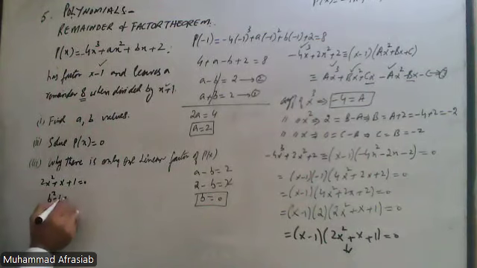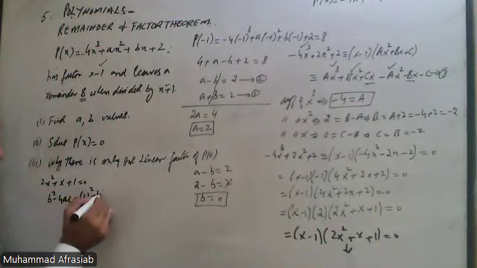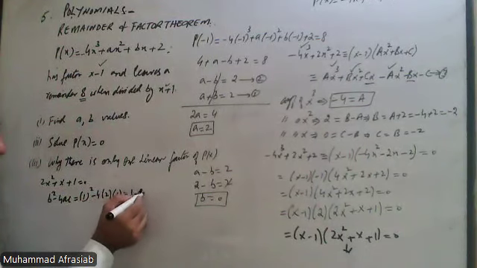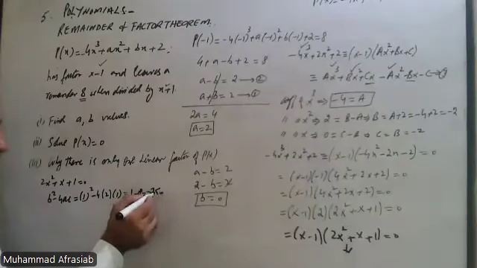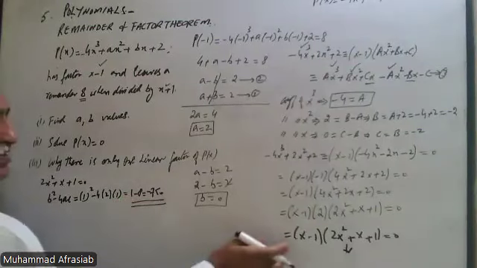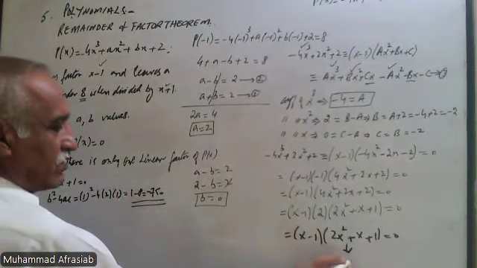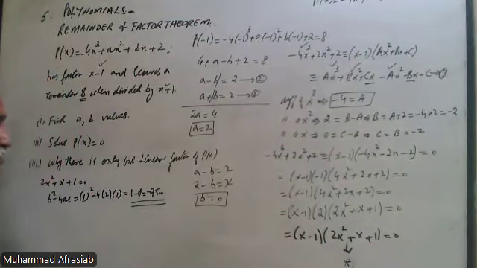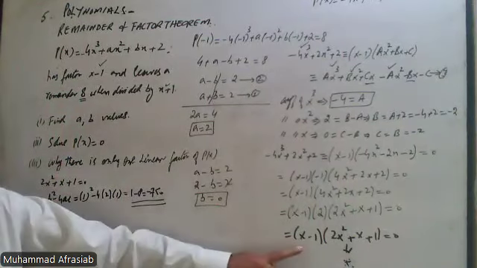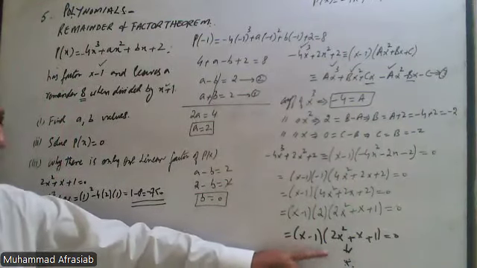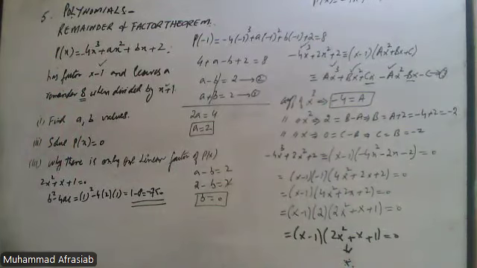Because b square minus 4ac for this is 1 square minus 4 into 2 into 1, which is equal to 1 minus 8, that is minus 7, which is less than 0. So this quadratic equation cannot be solved. So we have shown that there is only one linear factor, that is x minus 1, and the other part is a quadratic.